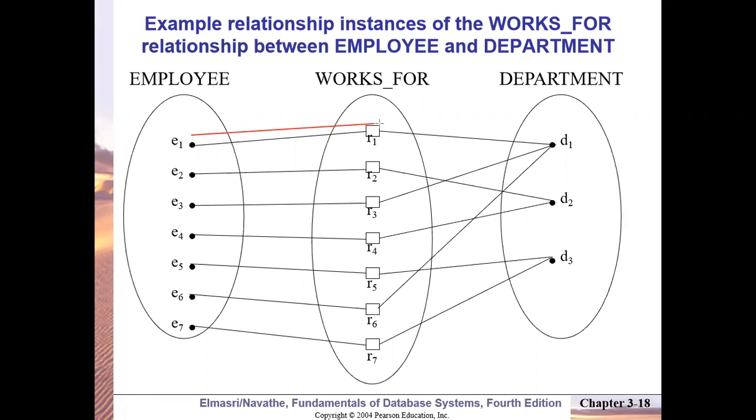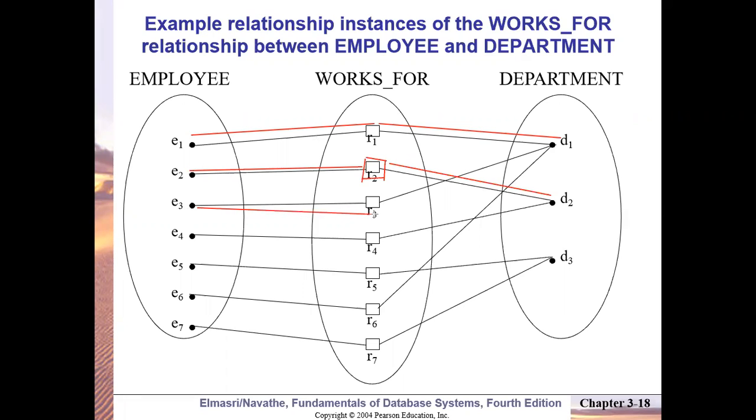E2 works for D2. So the relationship between E2 and D2 is named R2. R2 is an individual relationship between E2 and D2. R1 is a relationship between E1 and D1. Here, multiple employees work for the same department.